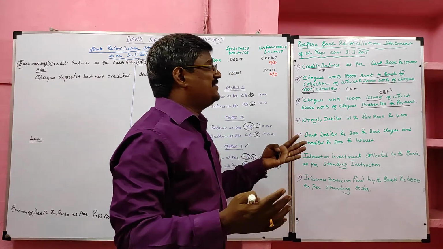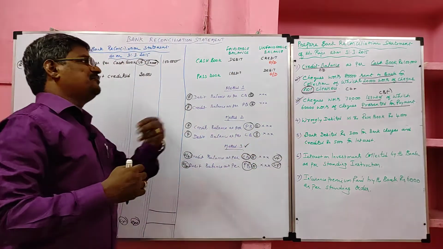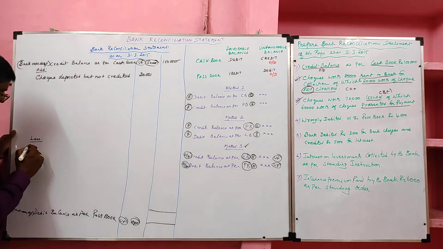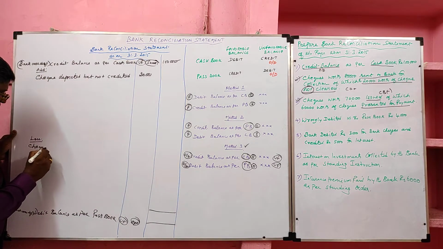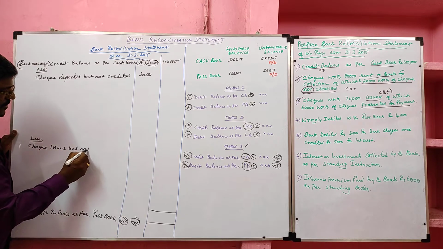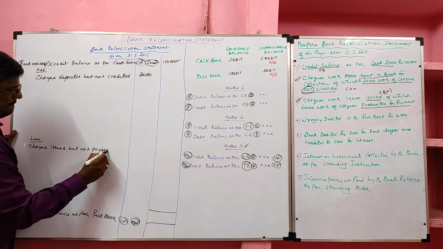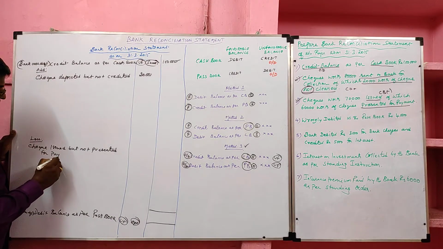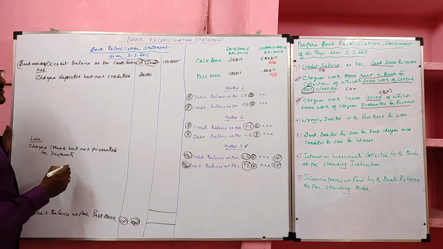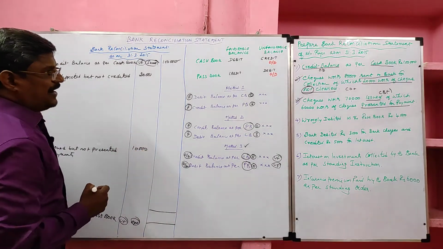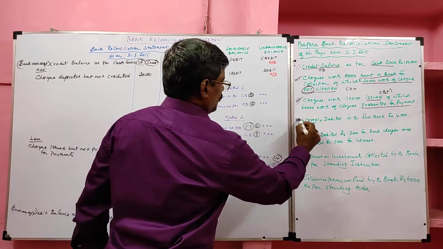How much not yet withdrawn? 10,000. That we should consider. It was deducted, now we have to deduct. Check issued but not presented for payment. How much should we consider? Difference 10,000 rupees.